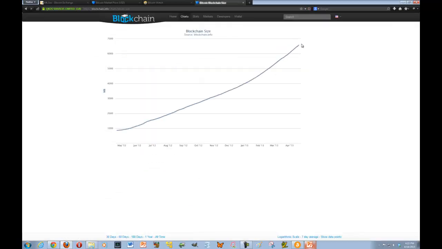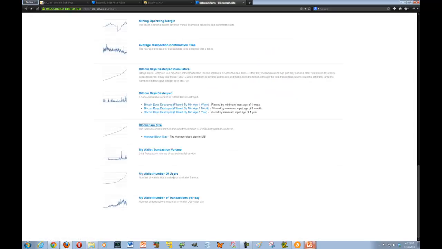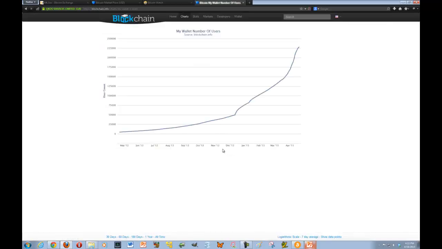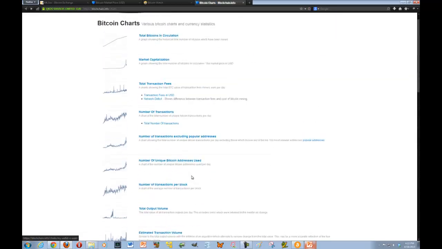It's almost at 7 gigabytes. It's right now at 6.5. It's nice that it has a pretty linear growth, and you can see that over time it's starting to actually accelerate in growth in comparison here. You can see the number of my wallet users. And there's really just a huge wealth of information here.